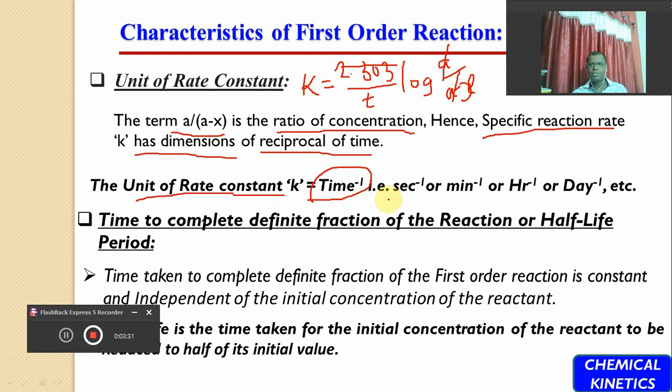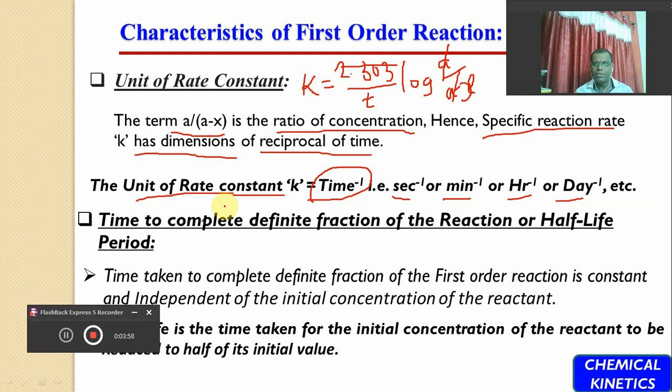If the time is given in seconds, the unit will be per second. If the time is given in minutes, the unit will be per minute, per hour, per day, per year, etc. So remember that the unit of rate constant of the first order reaction will always be the reciprocal of time, with units like per second, per minute, per hour, etc.